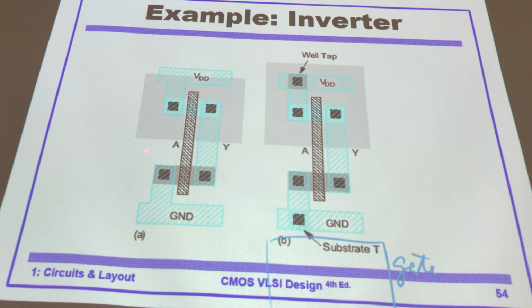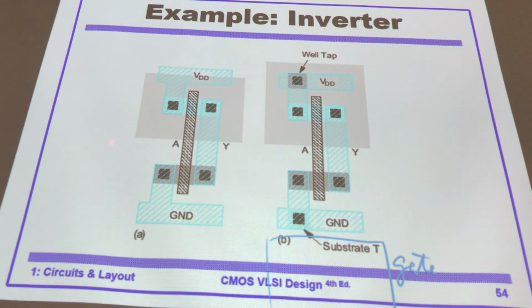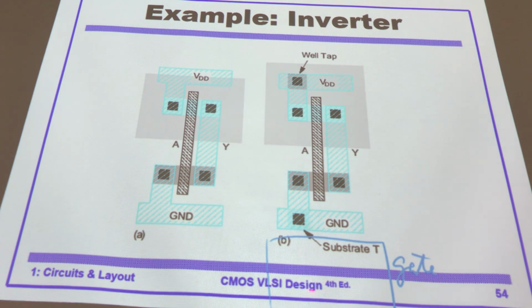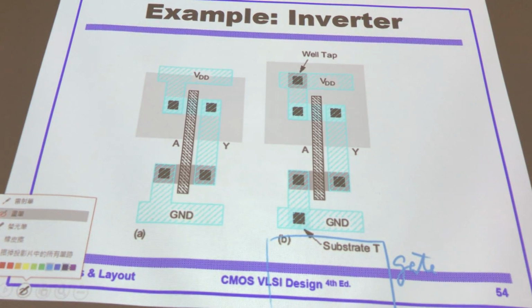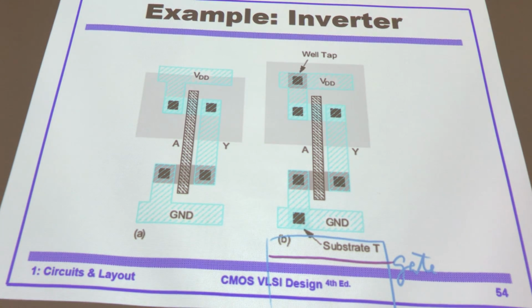This is one row of cells and another row of cells. And if there's a gate here, typically we will do the layout. This is power, this is well. Actually, this is going to be what? This is going to be VDD.